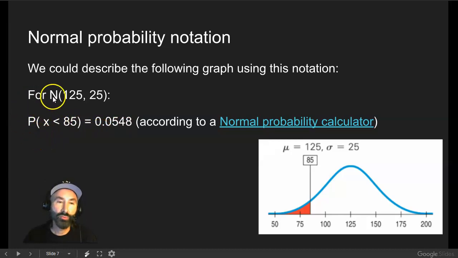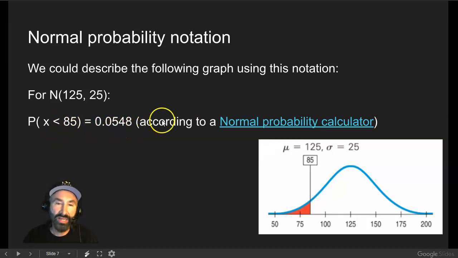And again, the way that we explain this, we don't say that 85 is equal to 0.0548. And we don't find the z-score of 85 and then say that z-score is equal to 0.0548. What we do is this. We say the probability that x is less than 85, because that's the problem that we've been given, is equal to 5.48%.